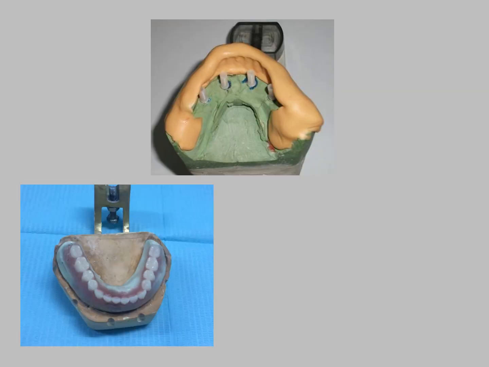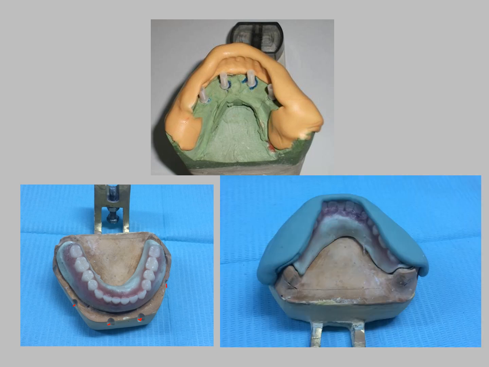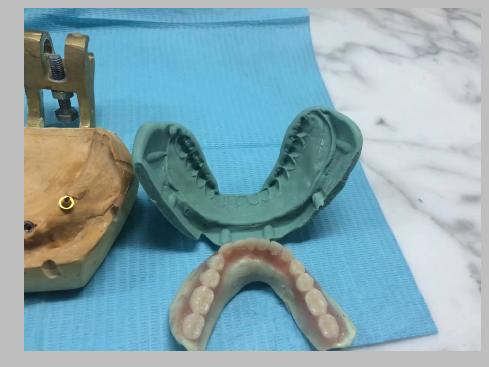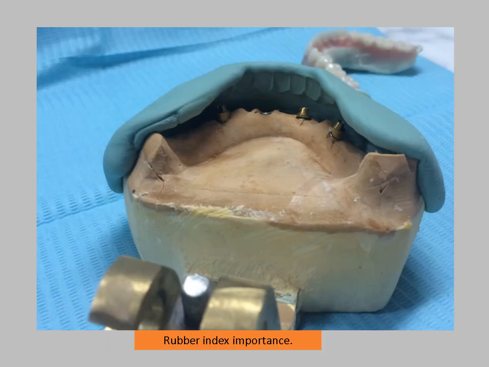So how do we make this index? We will have the try-in on the cast, and we'll make the indentation here, and then we are going to add soft rubber base. After a while, when this one is harder, we'll remove it and place it again on the cast.